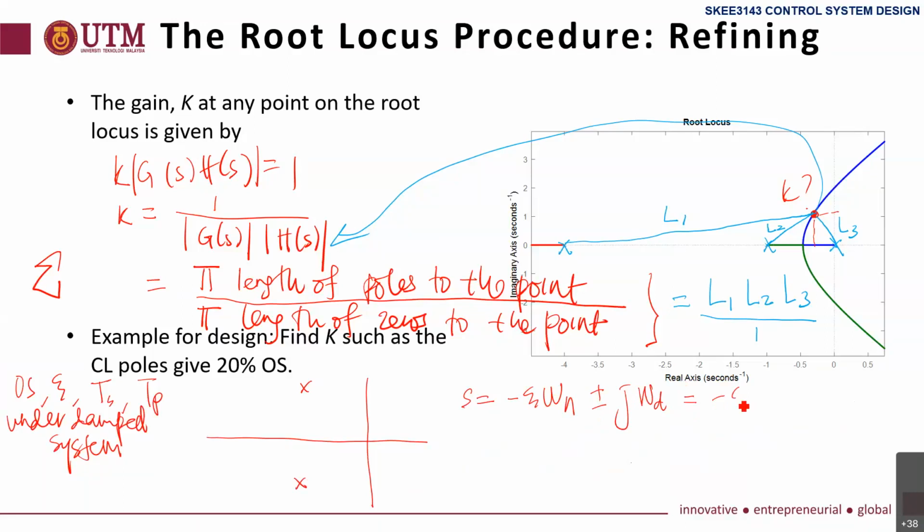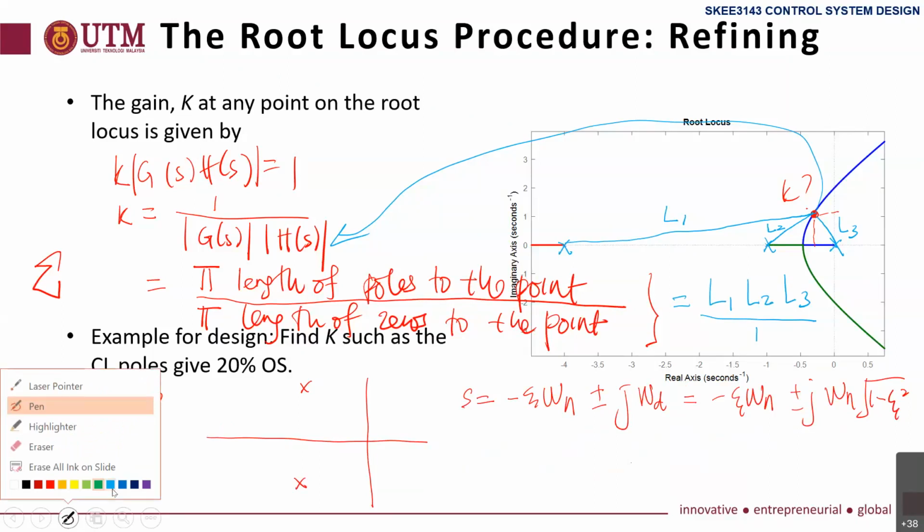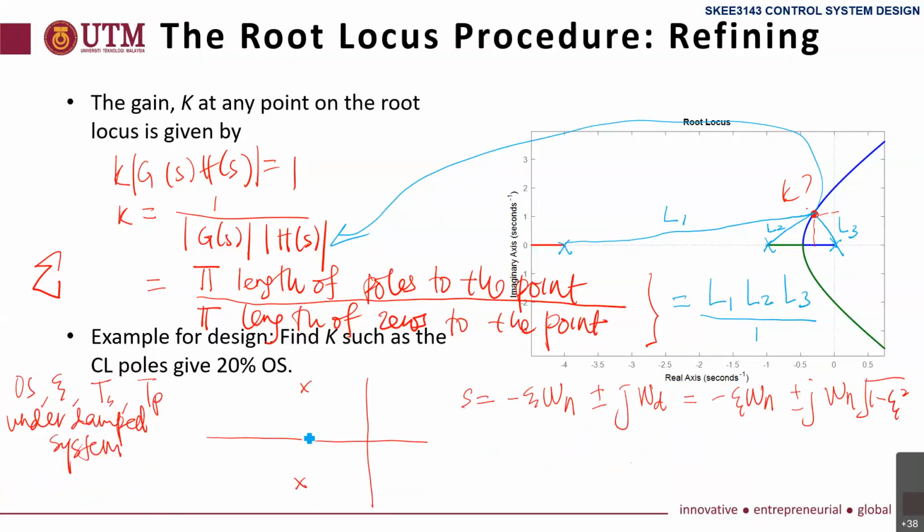Also, omega d is omega n times square root of 1 minus zeta squared. That means here is minus zeta omega n, and here j omega d and minus j omega d.